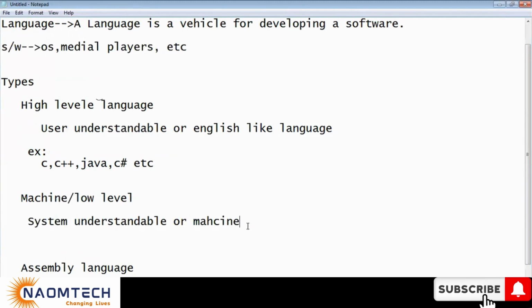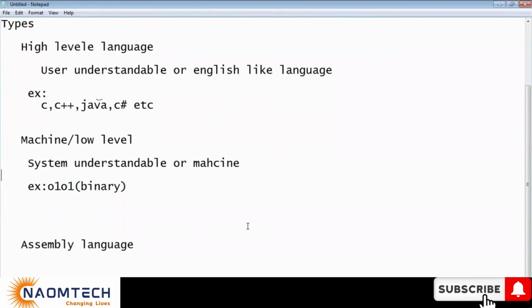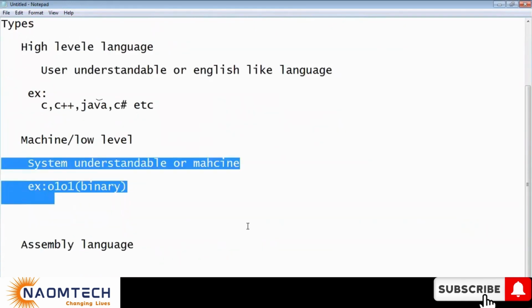And your machine can understand only zeros and ones. So machine can understand zeros and ones, and those zeros and ones we call a binary language. What do you call zeros and ones? We call it binary. So this is the idea about a machine language.